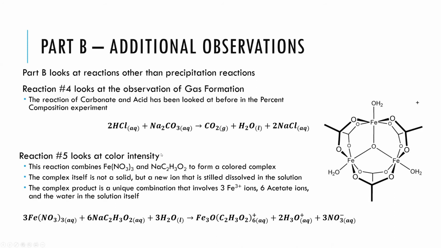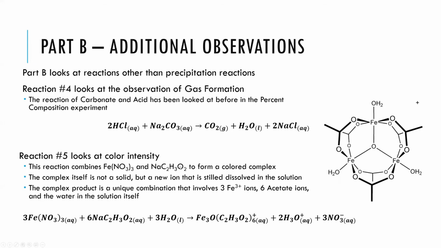They form a very unique complex ion. And these complex ions are still ions. They are aqueous compounds, not a solid. But it has a color associated with it. The iron nitrate is a very, very pale orange, and sodium acetate is colorless.